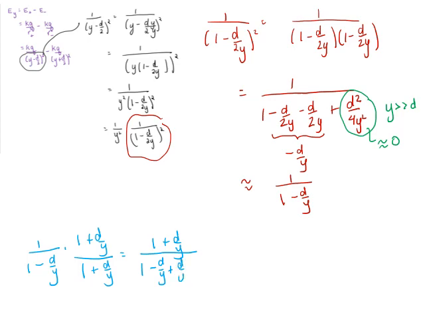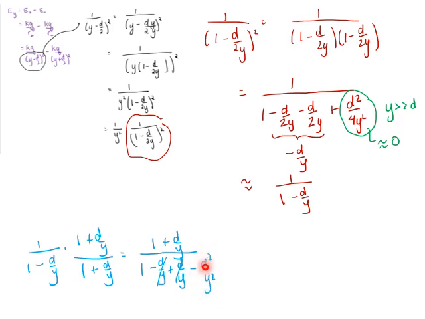Multiplying out those inner and outer terms. And then for my last two terms, I've got minus d over y times plus d over y to give me minus, oops, there's a bit to write a plus, minus d squared over y squared. Okay, minus d over y plus d over y, that gives us 0. Once again, we've got d squared is very, very small and y squared is pretty big.